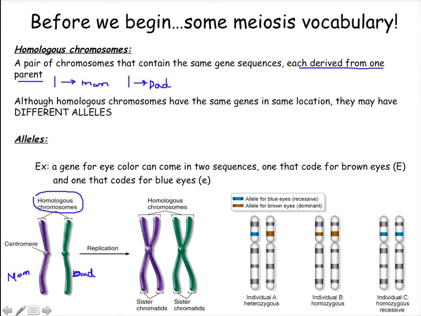And the reason we call these homologous chromosomes is that as you travel down the length of the chromosome, if, for instance, you have a gene here where I had that yellow dot, a gene for eye color, then on the chromosome that came from your dad, you are going to have in that same spot also a gene for eye color.